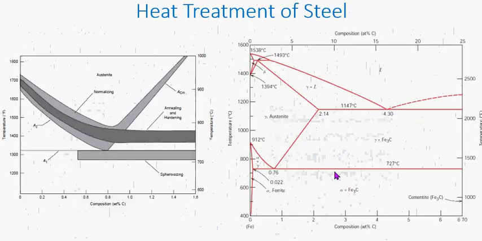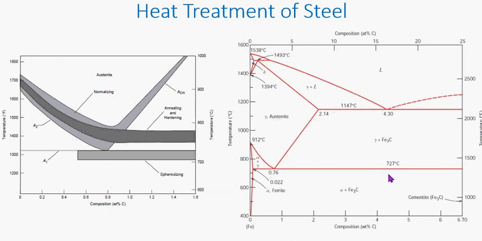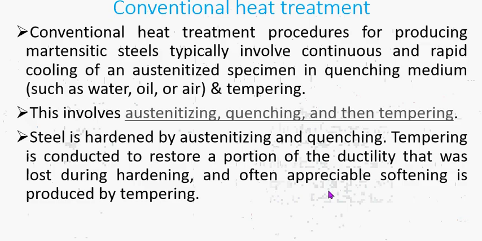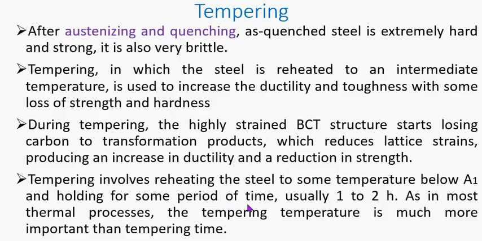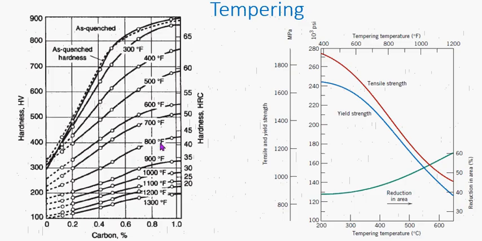It should be lower than the eutectoid temperature, but the higher the temperature, the more ductility you regain, though some of the strength will also be lost. This is the holding time. You also have to hold during tempering, and then finally you cool.